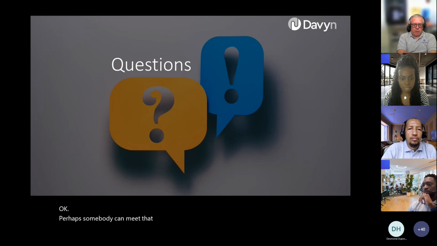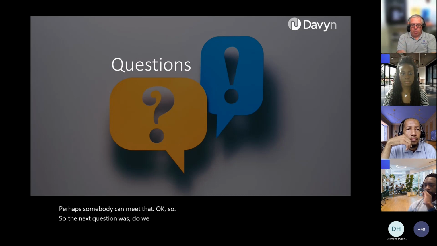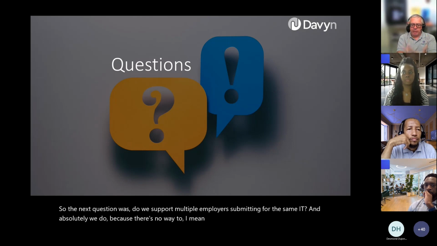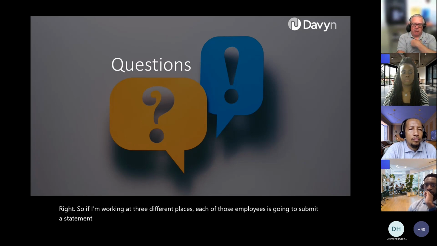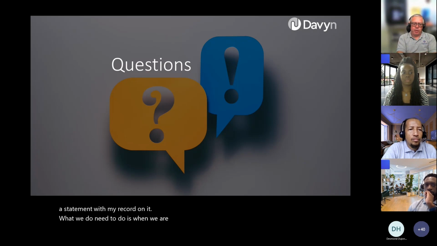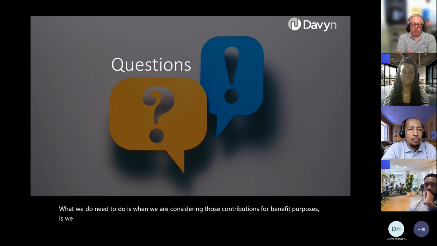Okay, hello. The next question was, do we support multiple employers submitting for the same IP? Absolutely we do, because people legitimately have more than one job. If I'm working at 3 different places, each of those employers is going to submit a statement with my record on it. What we do need to do, when we're considering those contributions for benefit purposes, is treat that as one contribution.